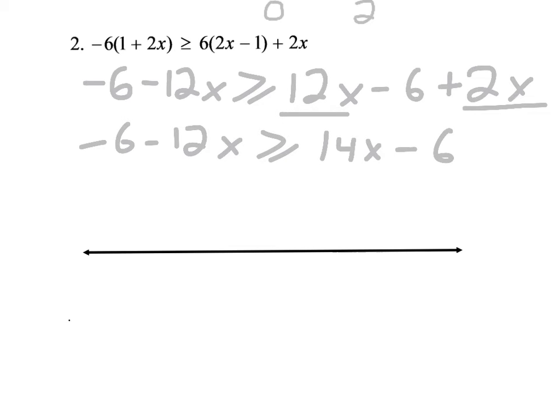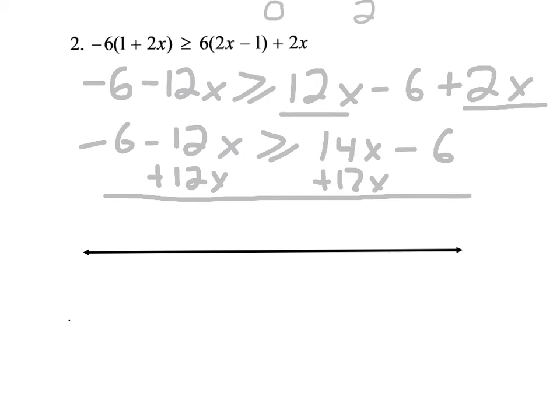Then I will put the variables on one side, numbers on the other side. This time I will do it differently so I can show you something else. I will do plus 12x on both sides, and I will continue below the number line, just to change it a little bit. So then I will get negative 6 is greater than or equal to 12x plus 14x, which is 26x, minus 6.